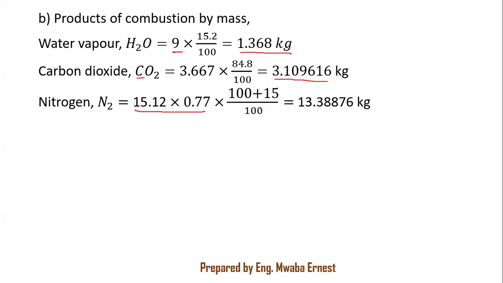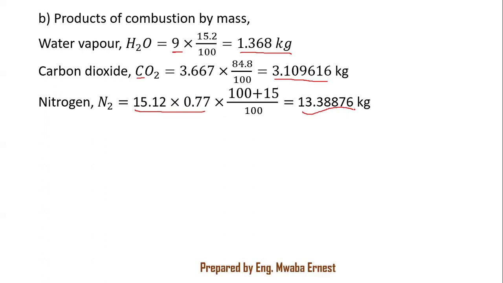The quickest way to do it is to say 100 plus 15, which is 115 over 100. We multiply by that, and it will compute everything, also adding the excess air. Meaning you are adding 1.15 multiplied by 0.77 multiplied by the air that we calculated here, which was 15.12. And your result is this.